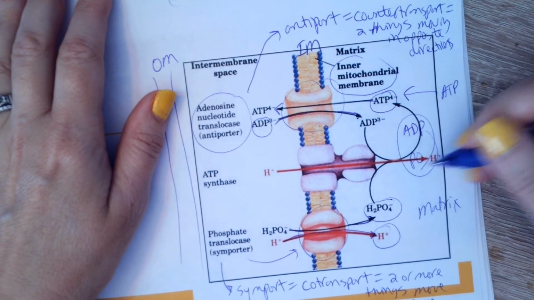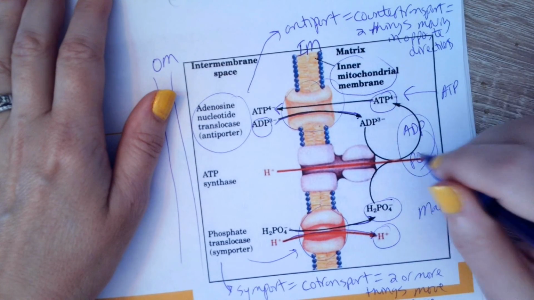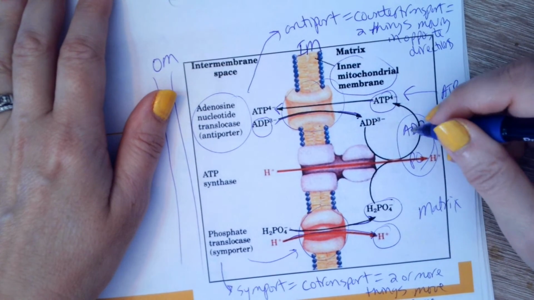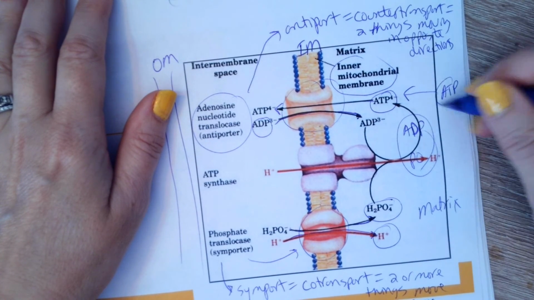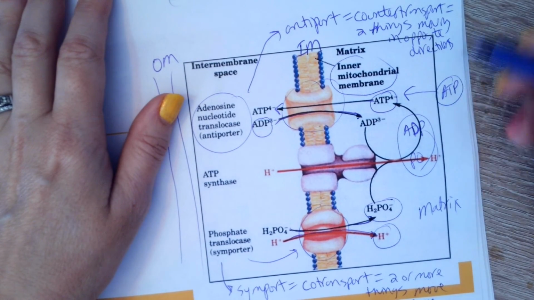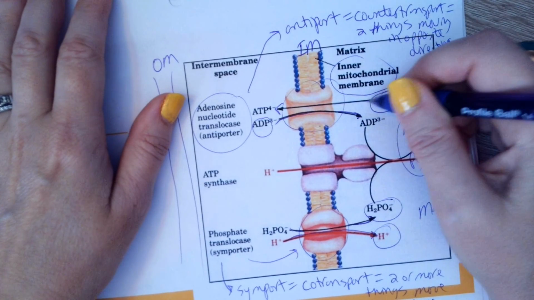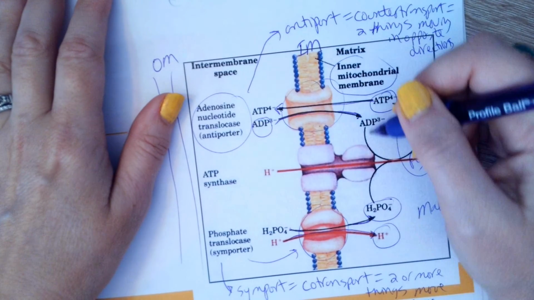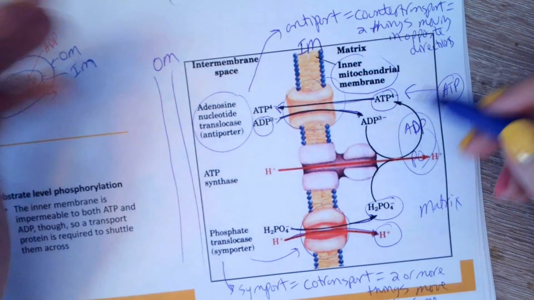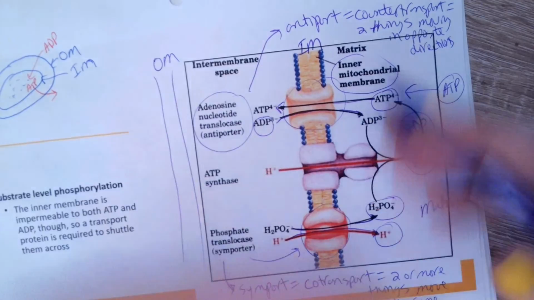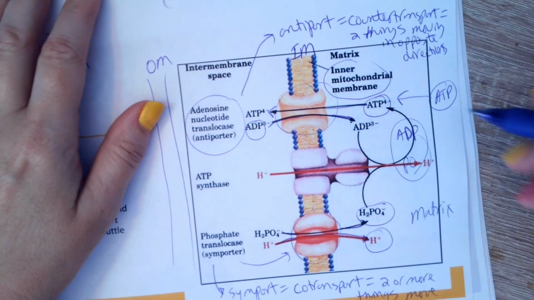Okay, so we have phosphate available to add to ADP to create energy during the electron transport chain and move that ATP out in exchange for more ADP so we can make even more ATP. So it's this whole big sort of circle.